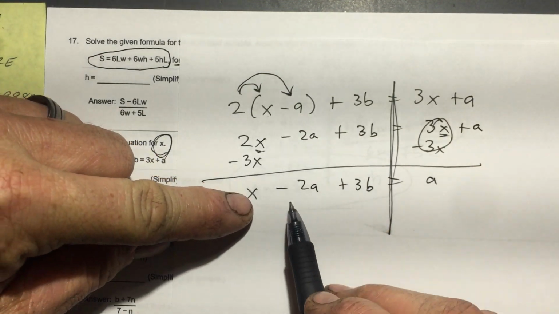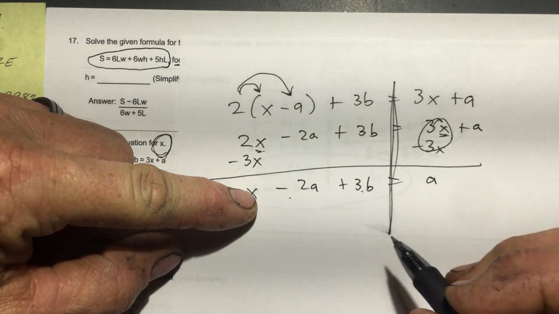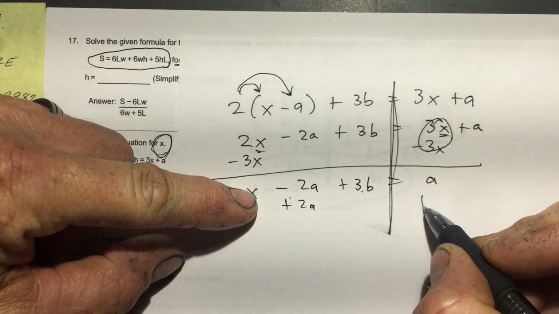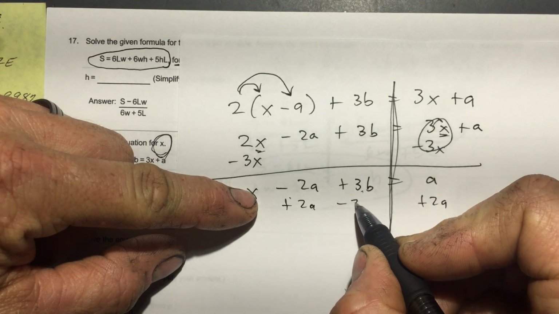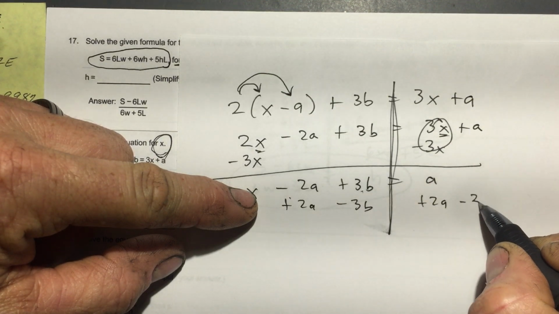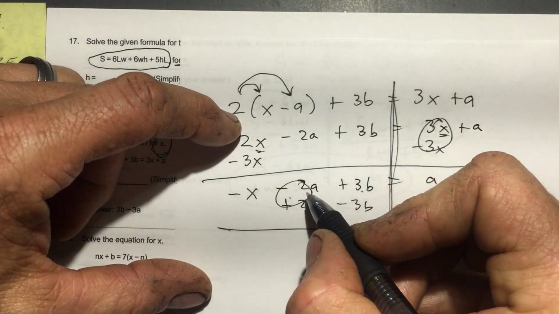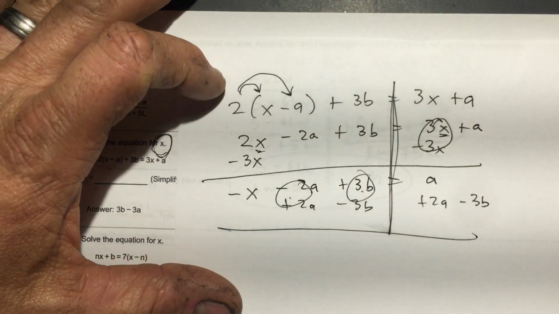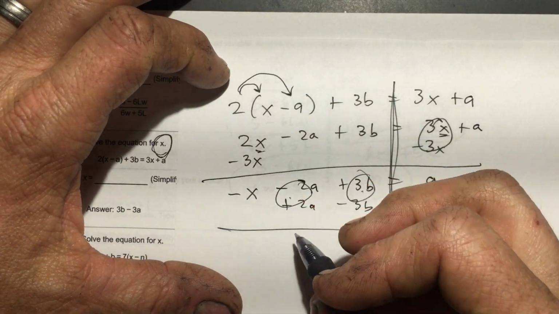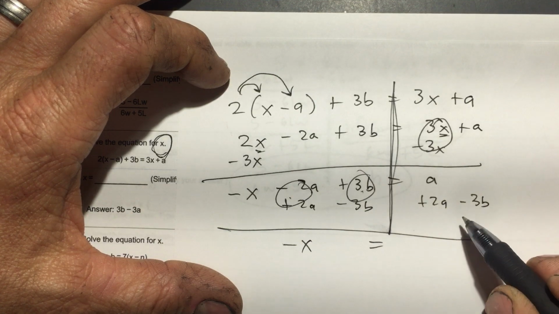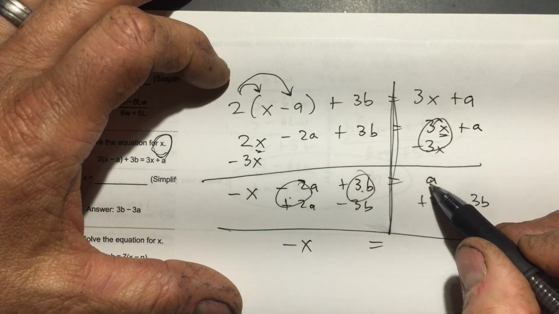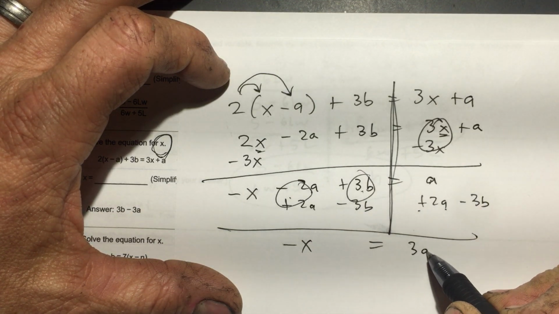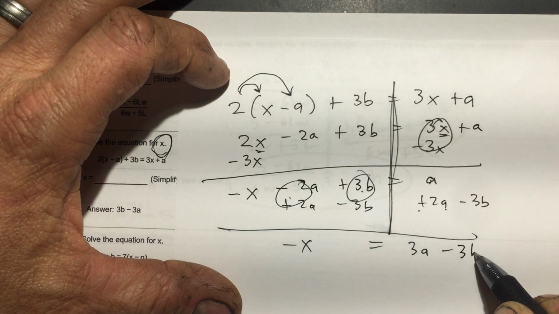So here's my x term. Now, both of these guys need to go. So I'm going to add 2a to both sides, and I'm going to subtract 3b on both sides. And I got rid of both of them at the same time, which means I got negative x over here equals, over there, a, that's 1a plus 2a would be 3a, minus 3b.